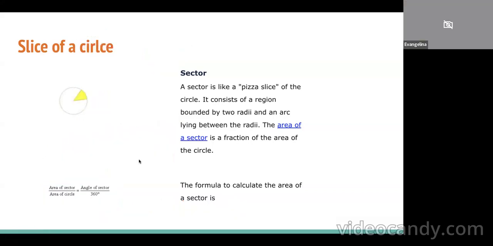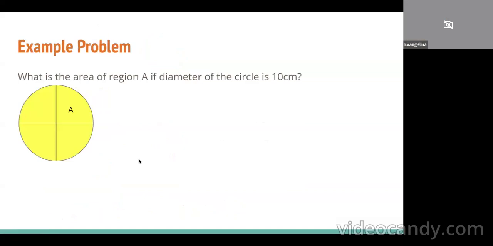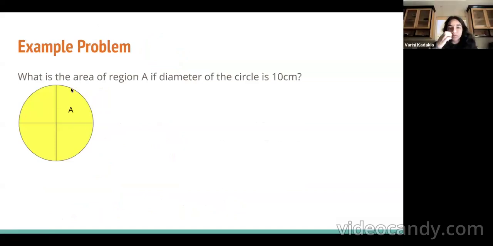What's the area of A if the diameter of the circle is 10 centimeters? So this is 90 degrees. Your first step should be to find the area of the whole circle.